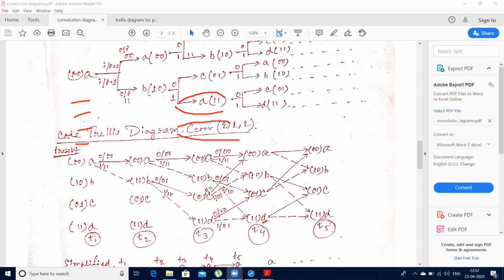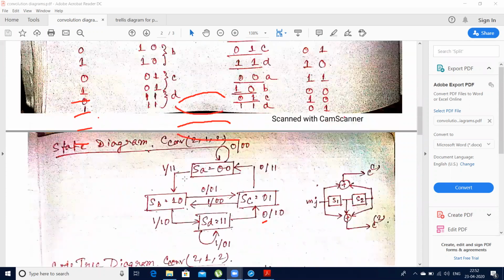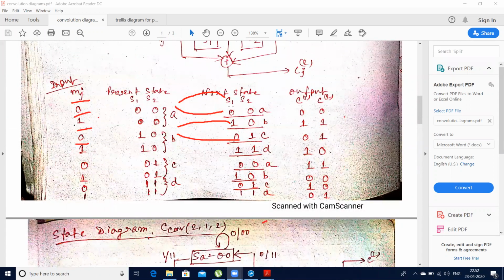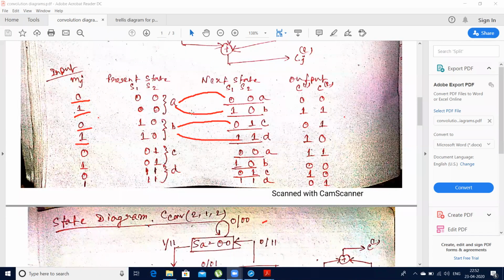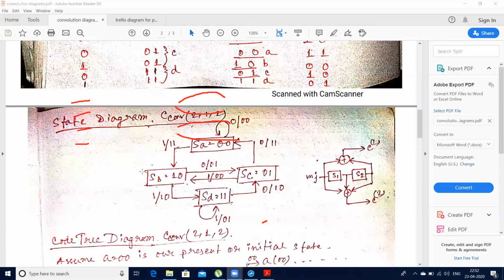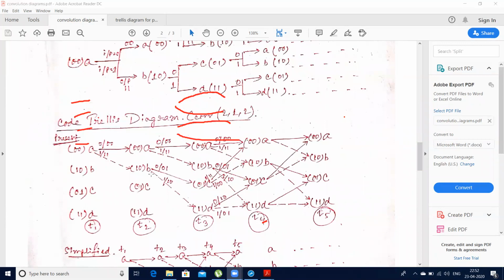From A again, the next state is AB, and from B, the next state is CD. As you can see from the table, from B the next state is CD, right? So here also from B, the next states are C and D.